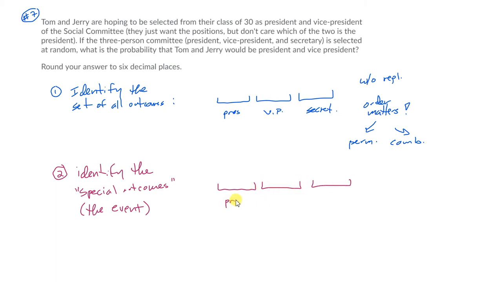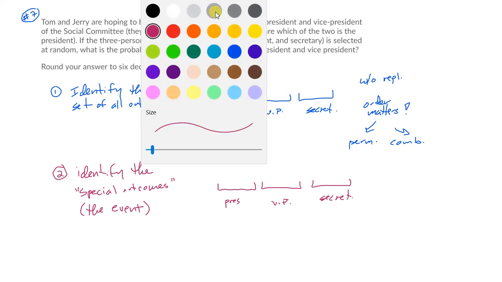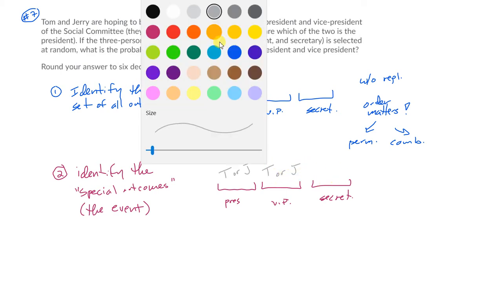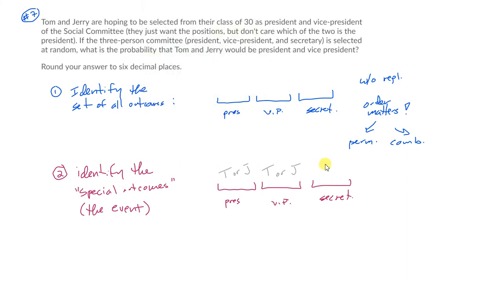Here's your president slot, your vice president slot, and your secretary. In the president slot, we have to have either Tom or Jerry. In the vice president slot, you have to have Tom or Jerry. And in the secretary slot, you can have anybody else. Doesn't matter. So we'll use a different color. We'll say anybody else.